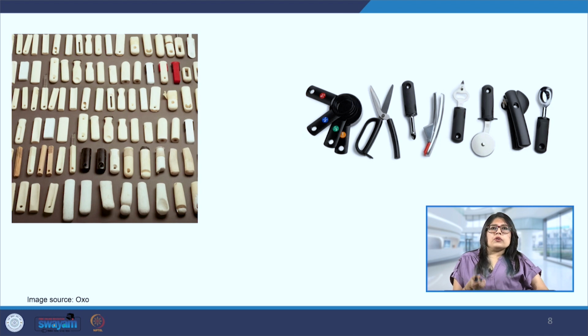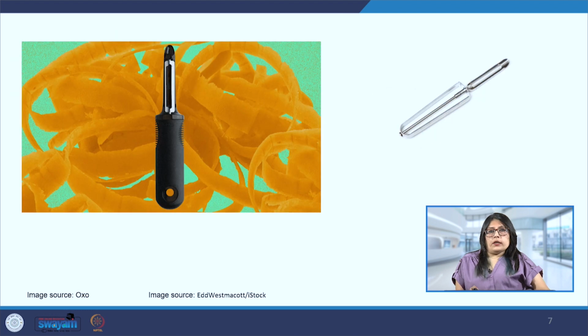Now, in addition to this rubber, it also has some fins where it is to be held, and we see these fins a lot more in the products around us, and probably this is where it came from. So these are raised rubber fins. When we press them, they press under the pressure.